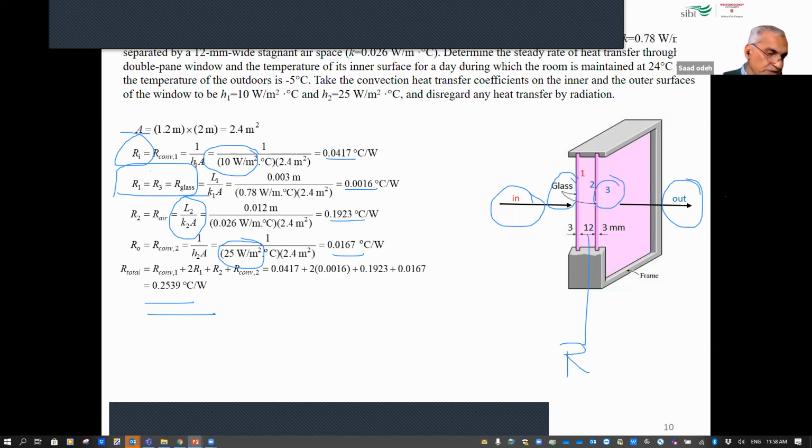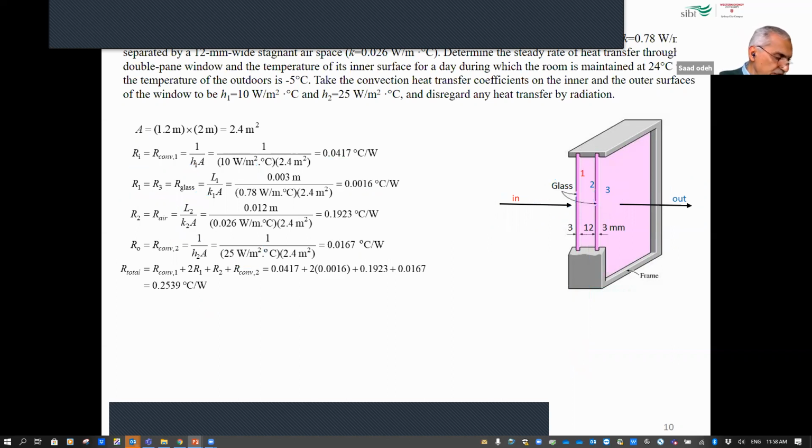This is what we did actually, because all these resistances here are in series, as you can see. So all the 5 resistances are in series, so we just need to add them together to find the total resistance.